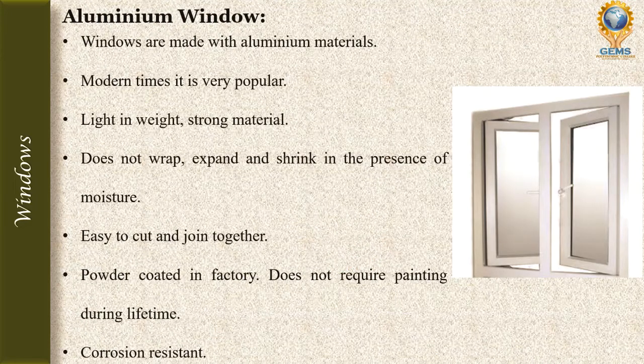The next type is aluminum window. The whole frame and shutter, everything will be made in aluminum material. In modern times, these aluminum windows are very popular because aluminum is light in weight and a strong material, and it does not warp, expand or shrink in the presence of moisture.